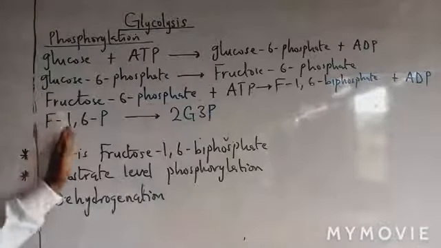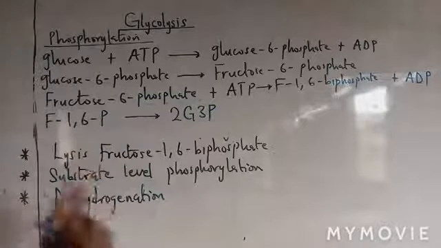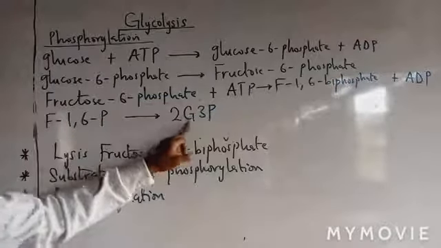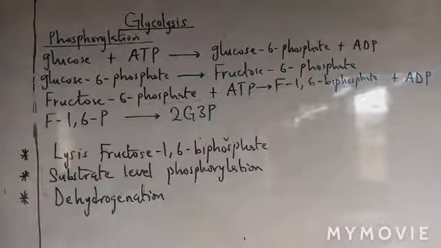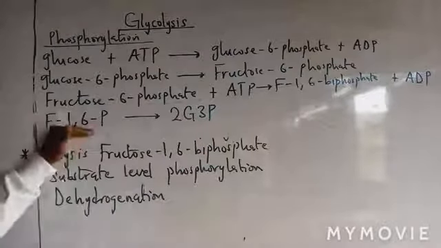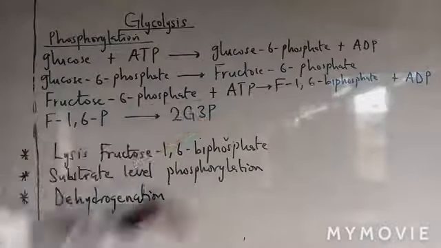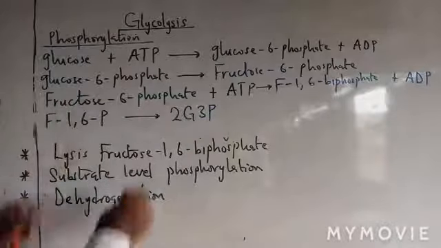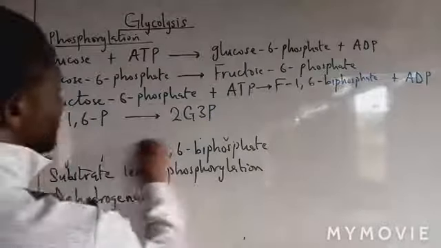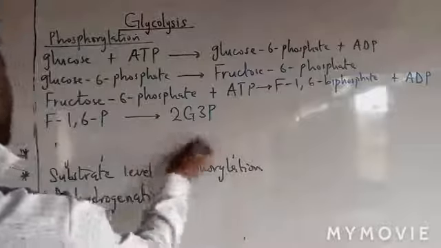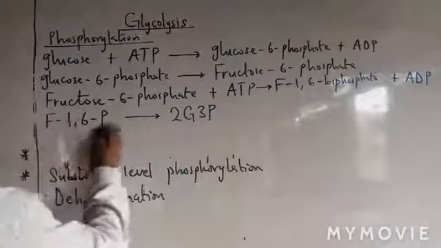So fructose 1,6 phosphate will break up into 2 to give us glyceraldehyde 3 phosphates. This one has 6 carbon atoms. This one has 3 carbon atoms in 2 places.